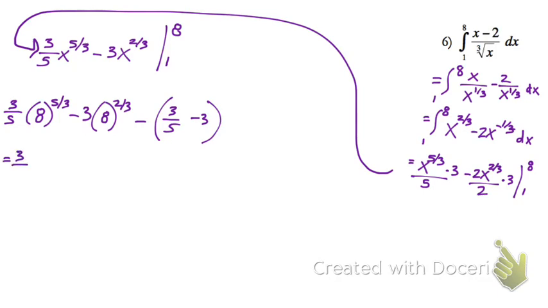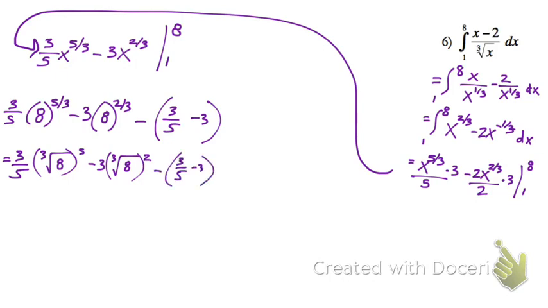So we have 3/5. If I want to rewrite this, it's the cubed root of 8 to the 5th power minus 3 times the cubed root of 8 to the 2nd power, minus 3/5 minus 3. All right, let's try to do a little bit of this in our head.